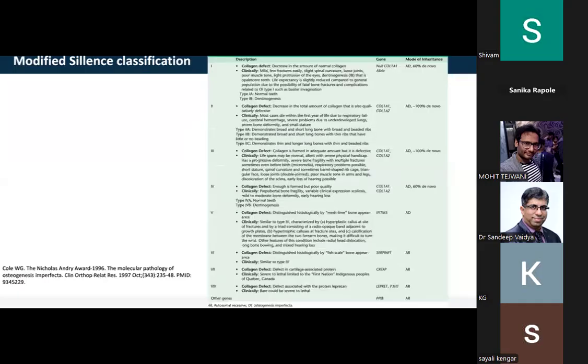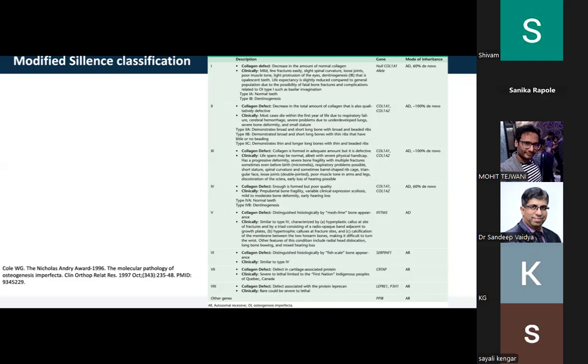Now I'll talk about the modified Sillence classification. Cole recommended modification of the original classification, wherein he did an extensive review of the genes in 200 patients with OI, and he discovered some non-collagen gene defects which were causing OI with histological features dissimilar to those of conventional types, and that led to the addition of types 5 to 11 to this nosology of OI.